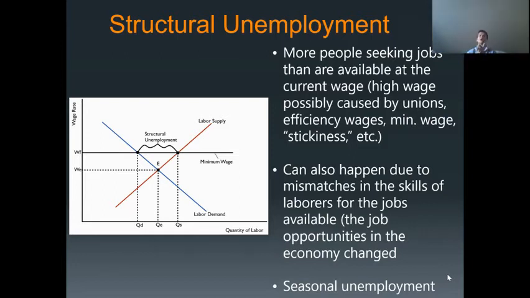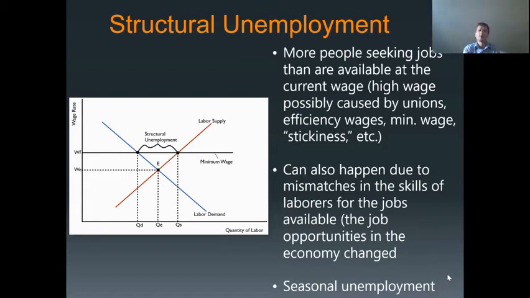Wage stickiness, which is a Keynesian concept that for the most part has held up, is the idea that people don't really like seeing their wages fall, and they will resist a pay decrease. They'd almost rather get laid off than see a pay decrease. So wage stickiness essentially says they keep their wages higher, therefore causing some level of structural unemployment.